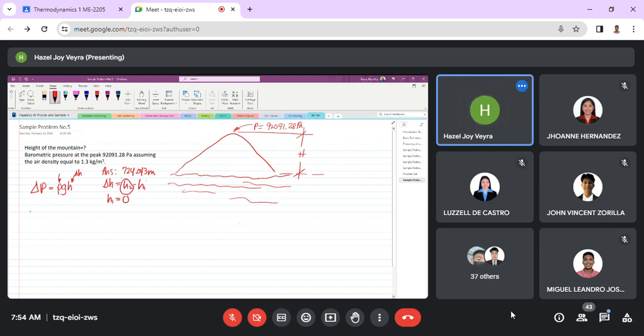So our delta P will be the atmospheric pressure minus the pressure at the peak. Sorry, delta P is P2 minus P1.